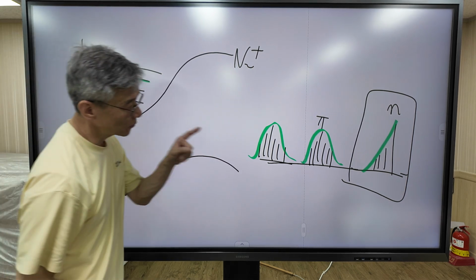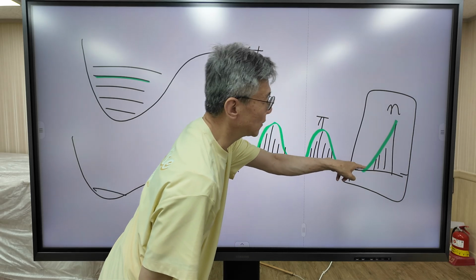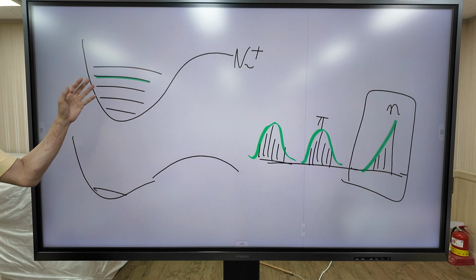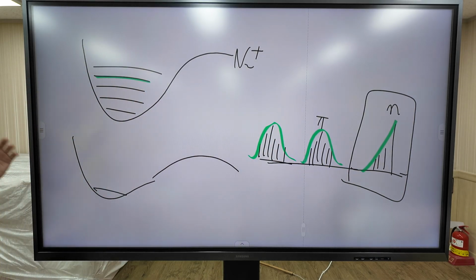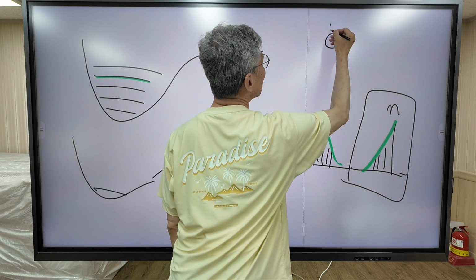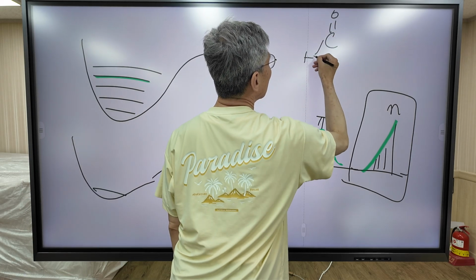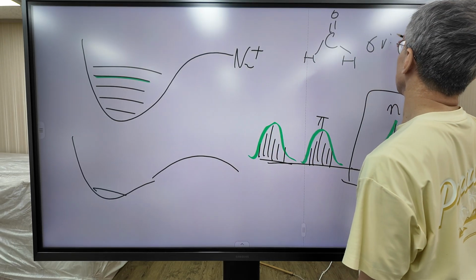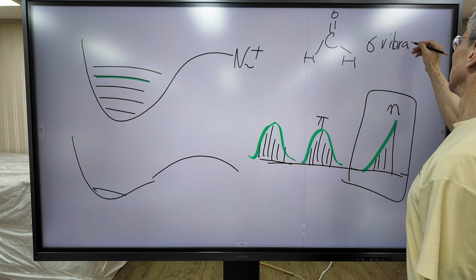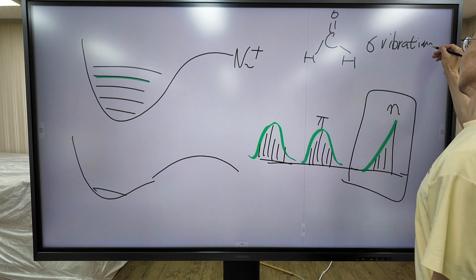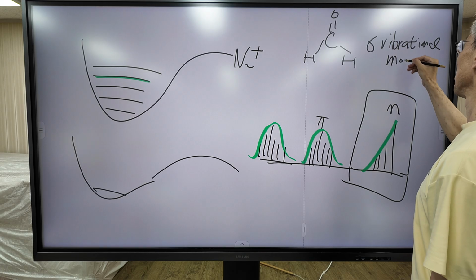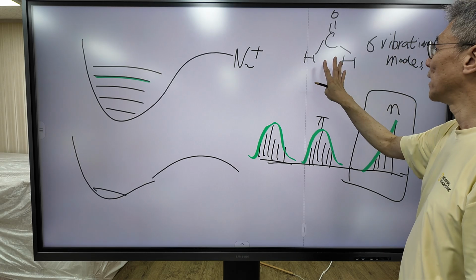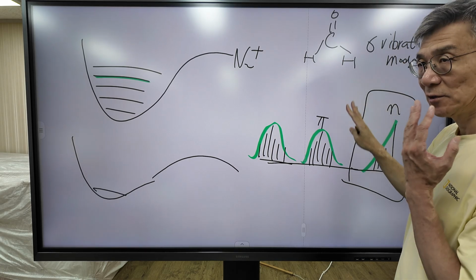I'm going to take a closer look at this photoelectron spectrum, which corresponds to this potential energy curve. As I said before, this molecule has a total of 6 vibrational modes. So, to represent the vibrational state, we need 6 quantum numbers.